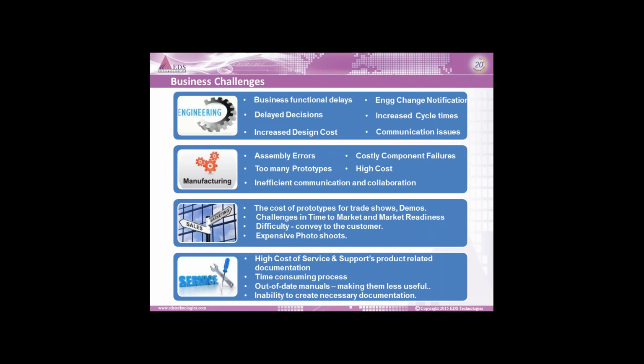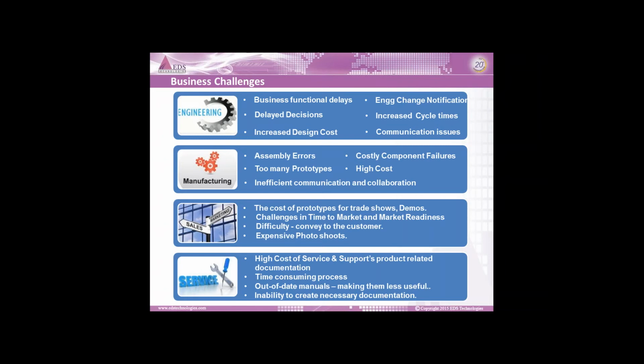The business challenges that I have listed here are concentrated across these business functions, because visualization plays a very important role across them, right from engineering, manufacturing, sales and marketing, to service and support. I have just mentioned the key business challenges here, respective to those business functions.